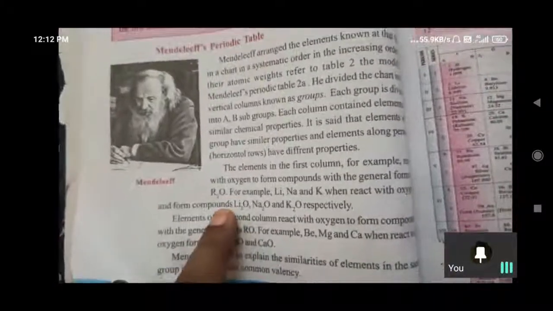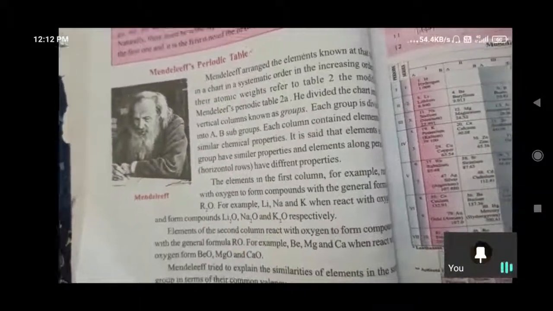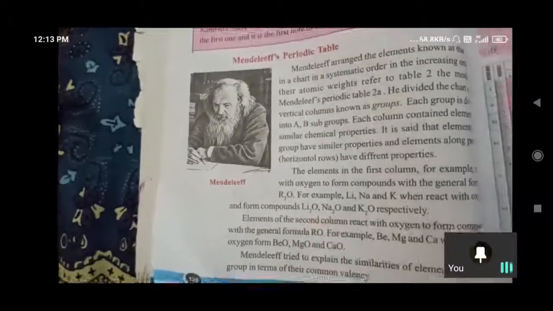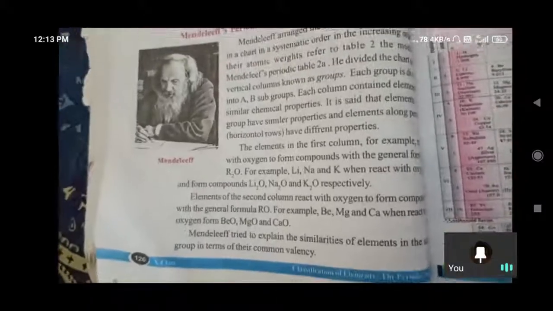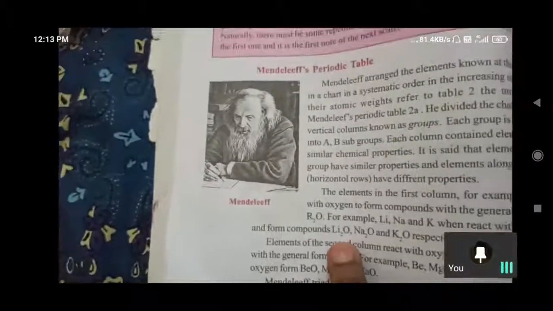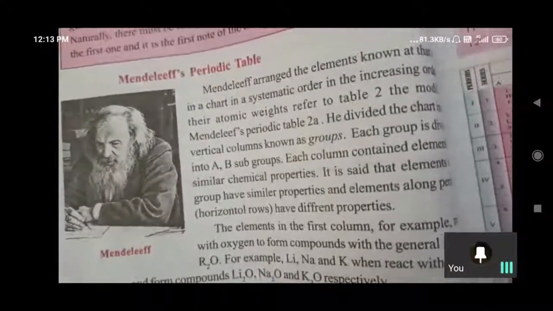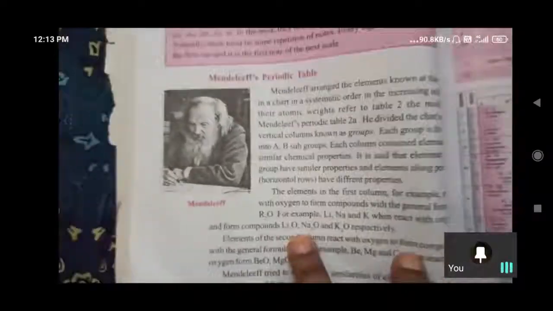Here R indicating lithium, sodium, potassium. When they react with oxygen they will form as Li2O. And some elements like beryllium, magnesium, calcium which are having valency 2. Valency 1 ana ikkada 2 enduku vachindi, these all elements are having valency 1 untundi kabatti, oxygen valency how much, 2. In 9th class also you have studied.